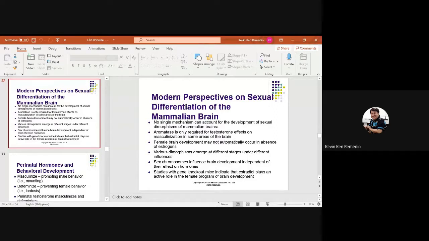So for the mammalian brains, class, there is no single mechanism that can account for the development of sexual dimorphisms of mammalian brains. Okay? So for males, aromatase is only required for testosterone effects on masculinization in some areas of the brain.